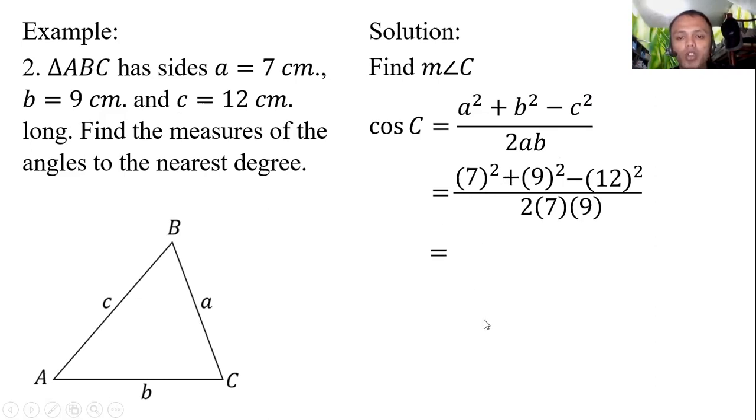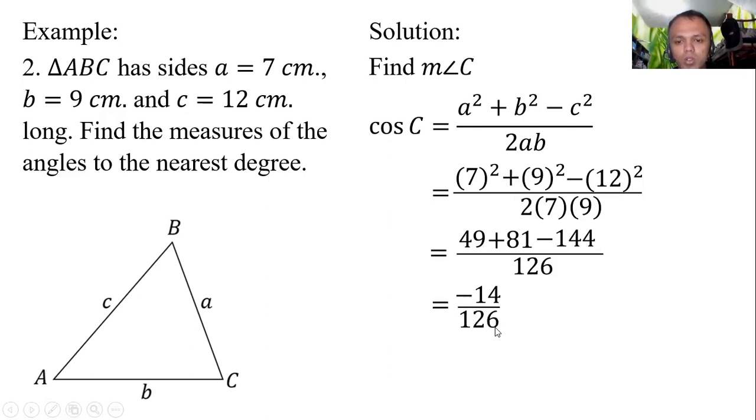So 7 squared is 49, 9 squared is 81, then 12 squared is 144, over 2 times 7 times 9 is 126. 49 plus 81 is 130, minus 144, we have negative 14 over 126.